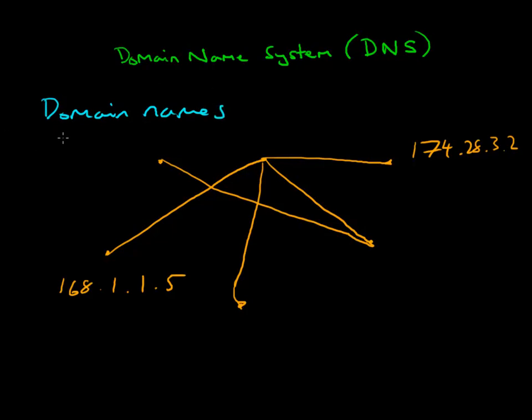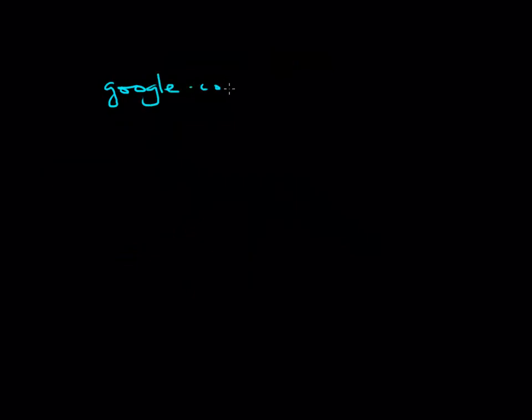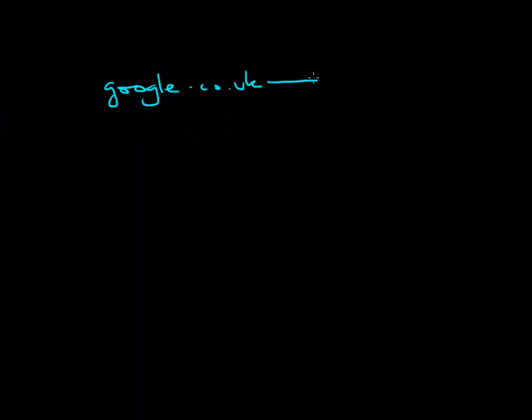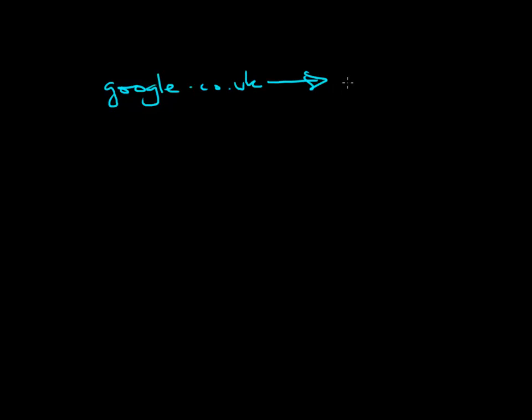An example of domain names would be maybe google.co.uk or wikipedia.org. These are both examples of domain names in use at the moment. And so what happens is a domain name such as google.co.uk has associated with it an IP address, and this is just an example, this isn't the real one.